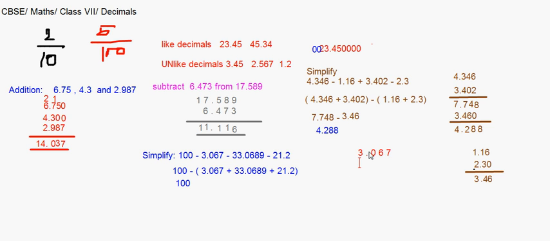Below here I'll write it as 33.0689, and again I have 21.2. To add them, we have to actually add a few zeros to make them all like decimals. I'll be adding the zeros in some other color just to show you the difference.